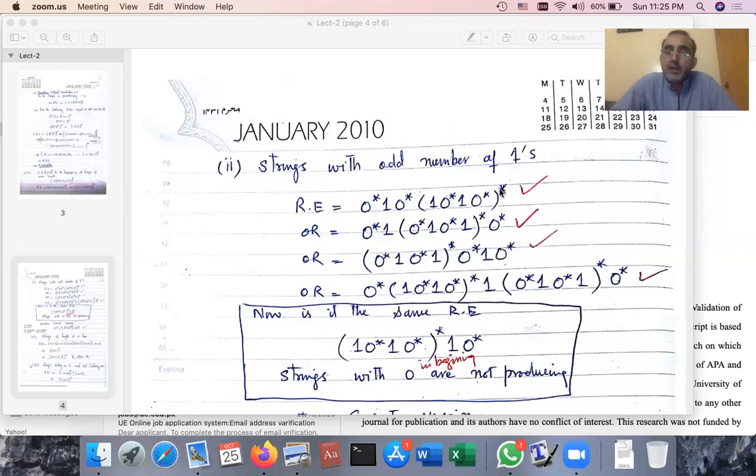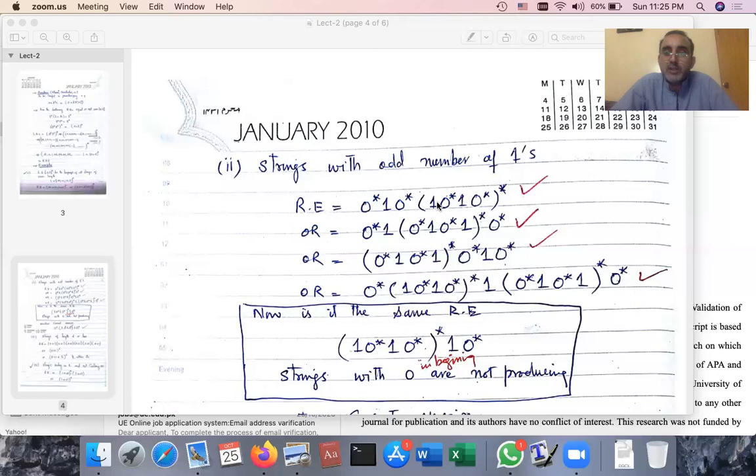If I repeat, this star means I can produce a null string from this portion, or if I repeat it one time, then what will I get? I will get one, maybe null here and then one, maybe null here again. So one from here and two ones from here.